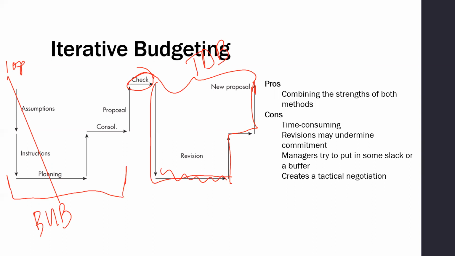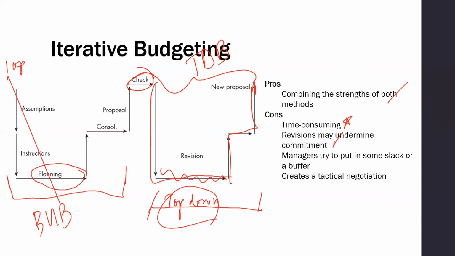So, obviously, the pro is it combines the strength of both methods. The con is it is time-consuming. There's a lot of resources that you need to allocate if it's iterative budgeting. Revisions may undermine commitment, okay, because this portion is top-down na. Right? So may mga commitments dito during the bottom-up budgeting portion, no?